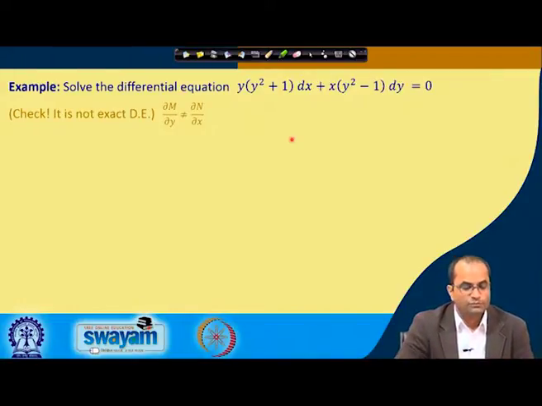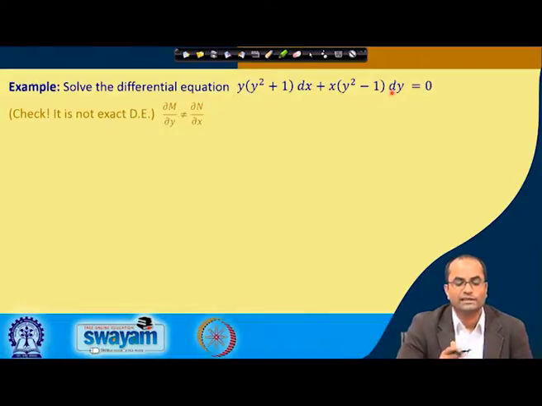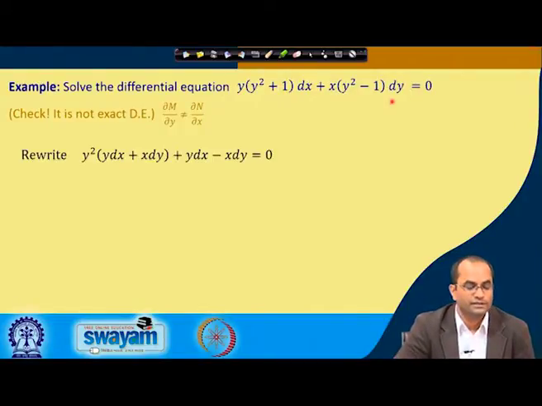So, this approach, by inspection, we will do now. Here we have a y² term with dx, and here also a y² term with dy. If we take y² common out of these two terms, we get y dx + x dy, the known term which we have seen before, and then the rest will be y dx − x dy, that term also we have seen before.